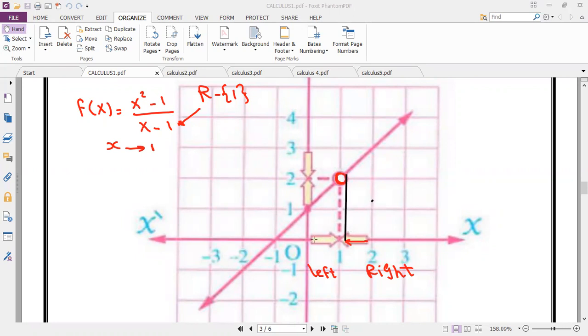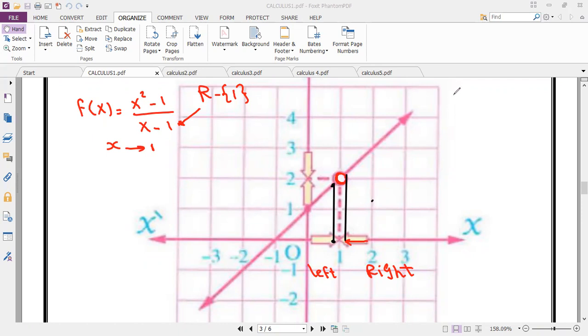And when taking a value less than 1, just a little bit less than 1, and drawing a line up here, you will find that this line hits the linear function at 2.